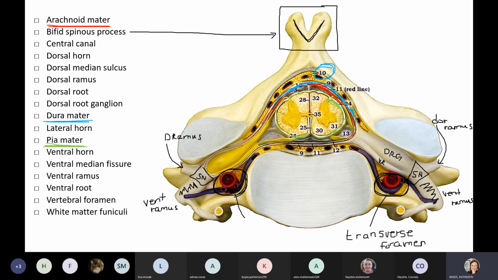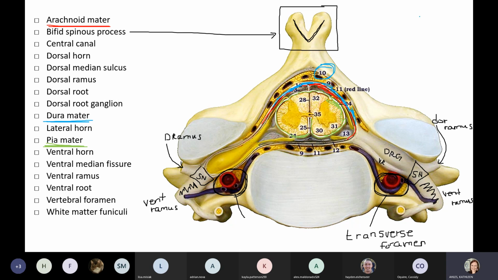We're going to talk about in lecture how that's the space where if a woman gets an epidural during childbirth, that's where the medication goes, into a little fat-filled space on the outside of the dura mater. So you don't have to label it here. We'll talk about it more in lecture, but on the outside of the dura mater.